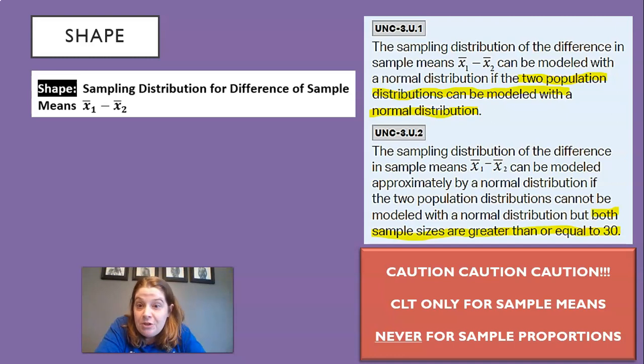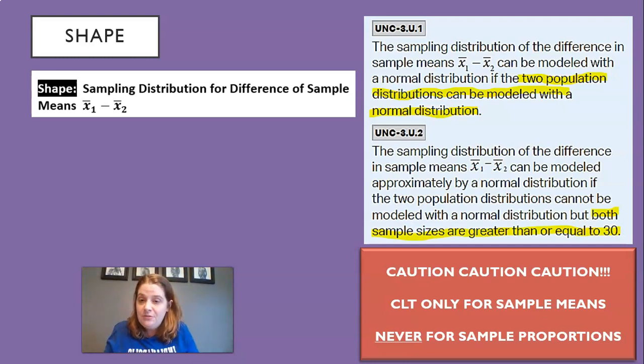So when we're talking about shape, it's very similar to last time. Okay, so we have these statements from the College Board website here, and it says the sampling distribution for the difference in sample means, which is X bar 1 minus X bar 2, can be modeled with a normal distribution if the two population distributions are normal. So with one mean, if the population is normal, the sampling distribution is normal.